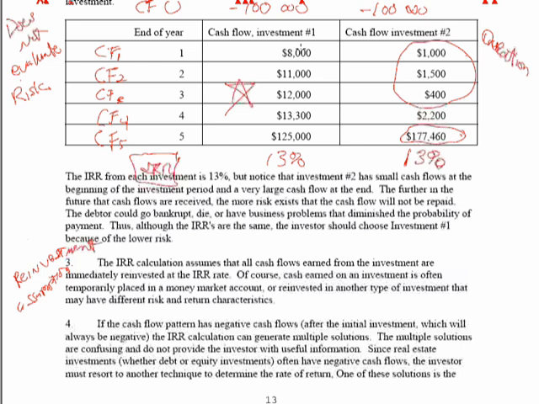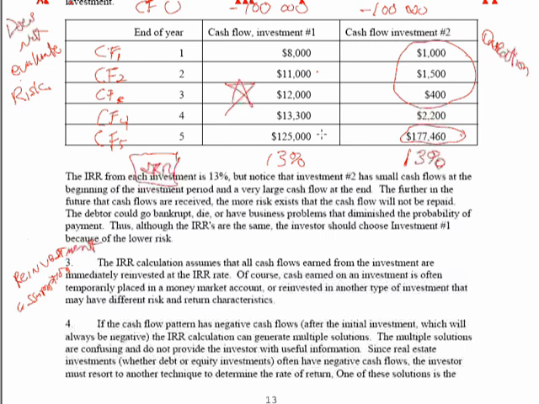Immediately upon being received in year 2, it is invested at a 13% rate for the remaining years 3, 4, and 5. For cash flow number 3, it's assumed that the $12,000 received is immediately invested at a 13% return for years 4 and 5 until the end of the investment period.